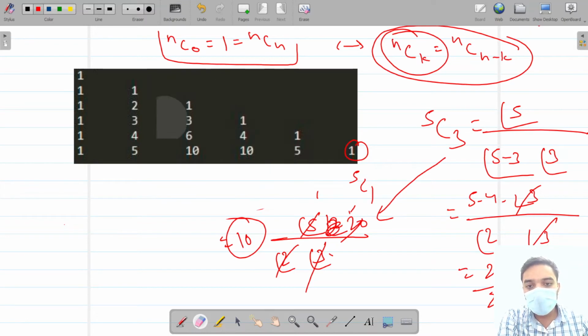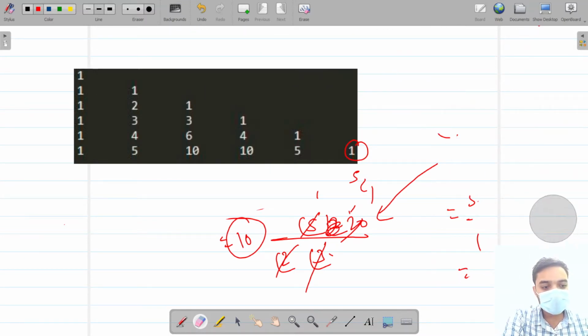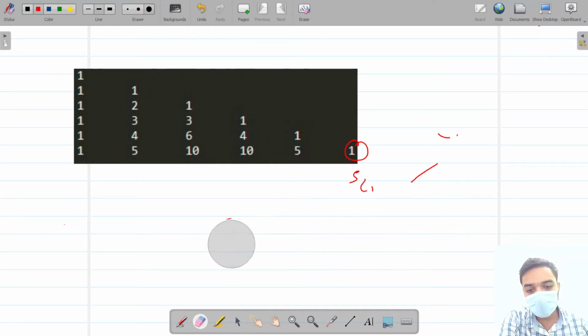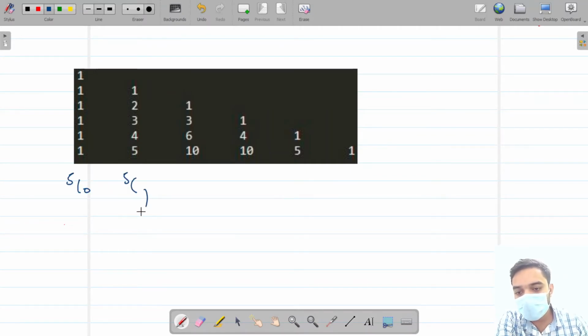One more thing I want to say, it's a very important thing. In the previous questions, what we were doing, it is 5c0 now, and it is 5c1. From here I can see the 0.